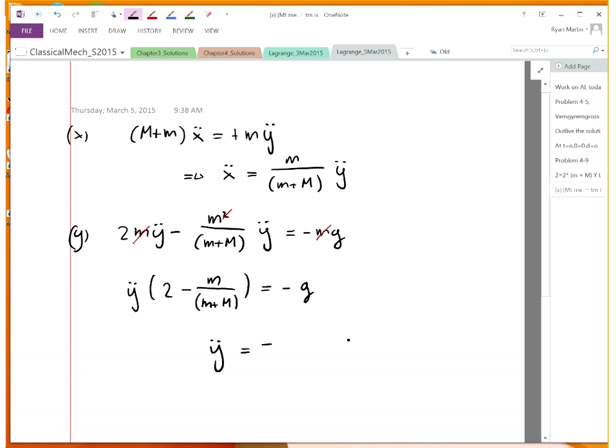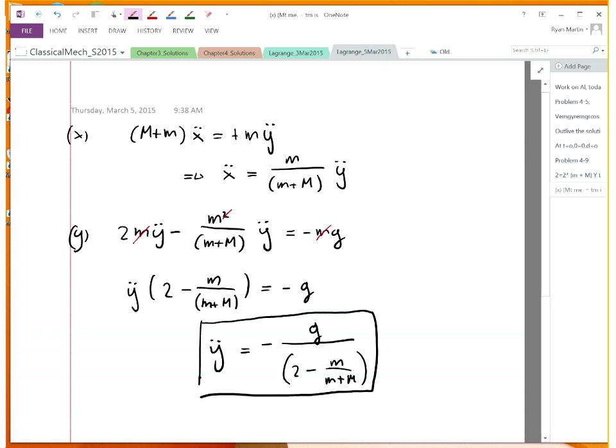And so we find that y double dot is minus g over 2 minus m over M plus m.